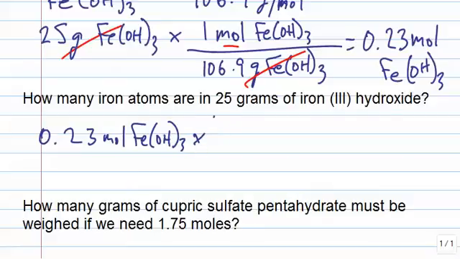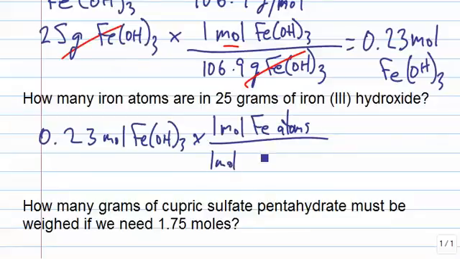So we're going to say that we have 1 mole of iron atoms for every 1 mole of iron 3 hydroxide. Okay, so now those units cancel. We've gone from moles of ferric hydroxide to moles of iron atoms.